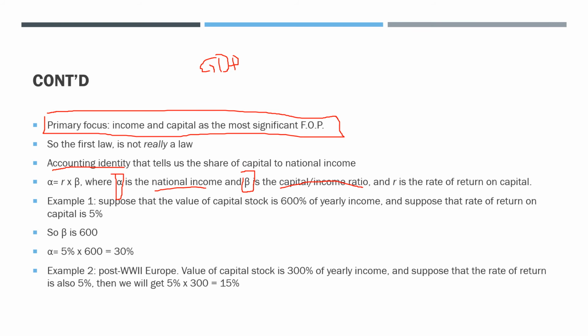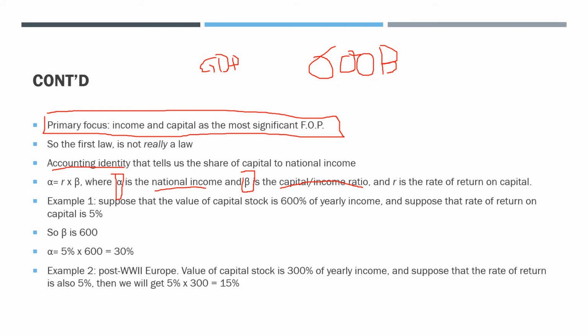So how do we understand beta? Suppose that we added up all the stocks in an economy, all the people's investments and all the stocks. But just for simplicity's sake, assume that this economy only has stocks. We add it all up, and all the equity is 600 billion in the economy.